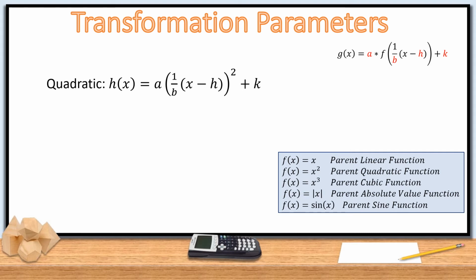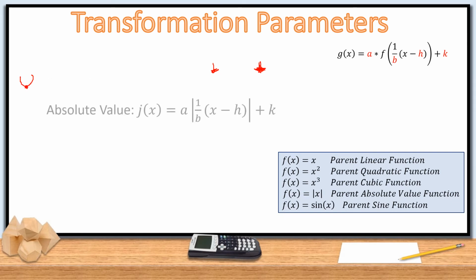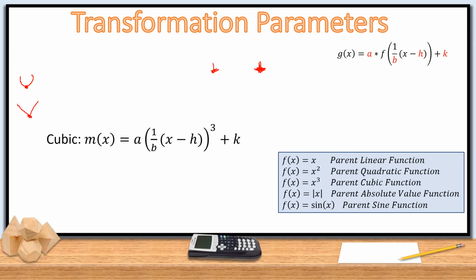We should be pretty familiar with h and k. h and k are going to be the coordinates of the key point in a graph. So when you talk about a quadratic, that's the vertex. So h and k will be the vertex point. When you were talking about absolute value, it'll be the vertex point. Cubic functions, the key point is actually at the center of symmetry, so it's in the middle there.